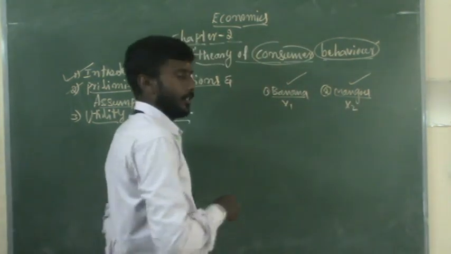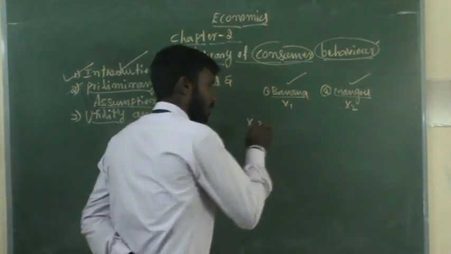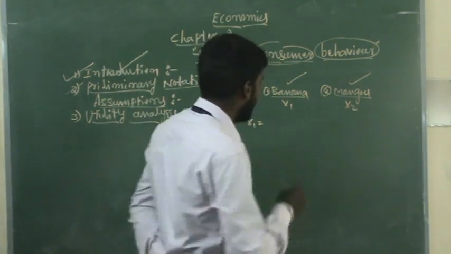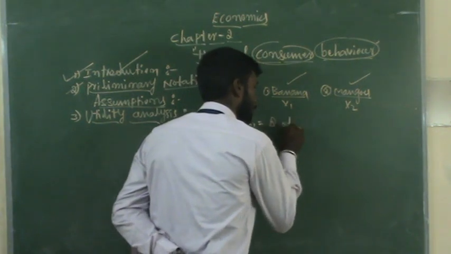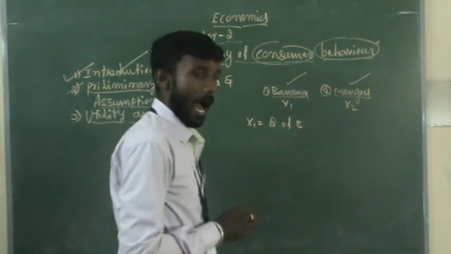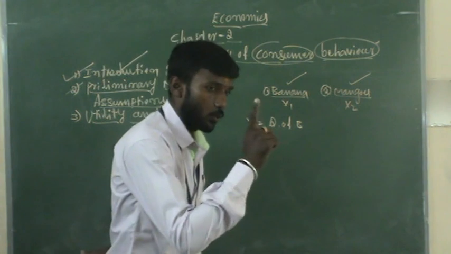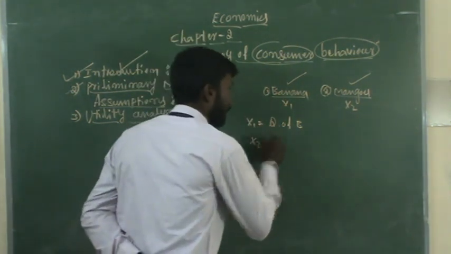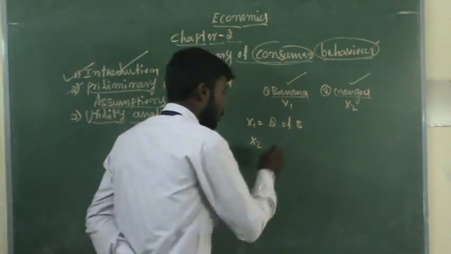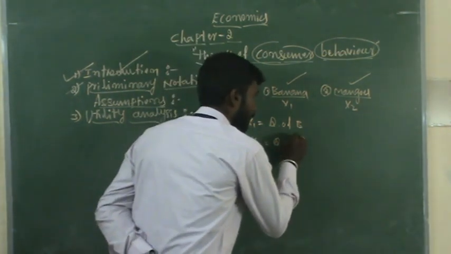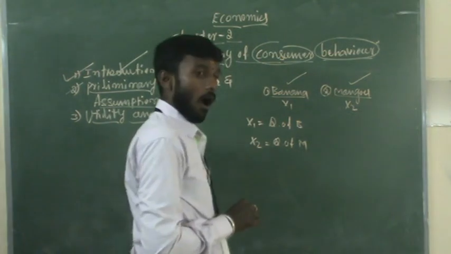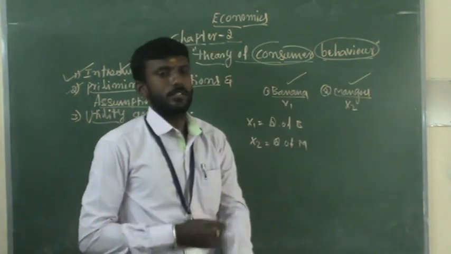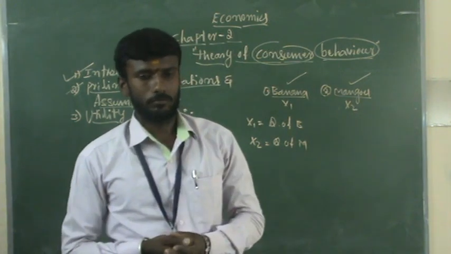It means here x1 represents the quantity of banana or the quantity of good one, commodity one, and the second one, I mean x2, stands for the quantity of a mango or the quantity of a second commodity or the second good. See, once again I repeat now.